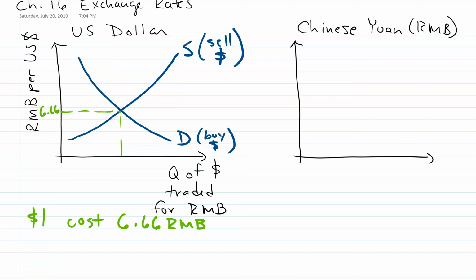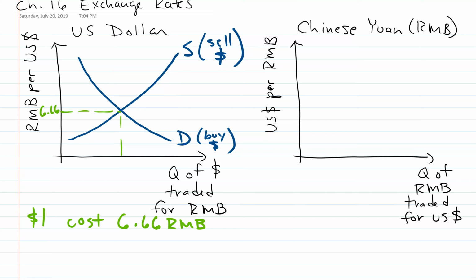So again, we're thinking about it in terms of dollars: US dollars per RMB. That's how we express the price. So how much does RMB cost? Well, how many US dollars is it per RMB? And then this down here will be the quantity of RMB traded for the US dollars.